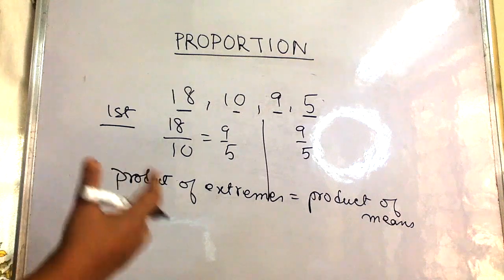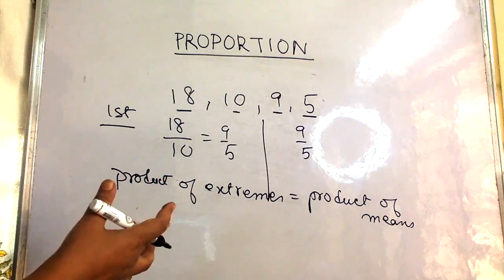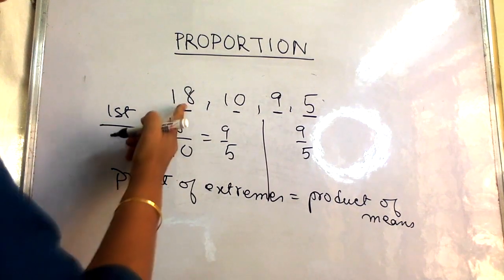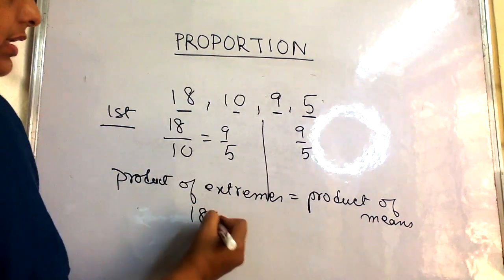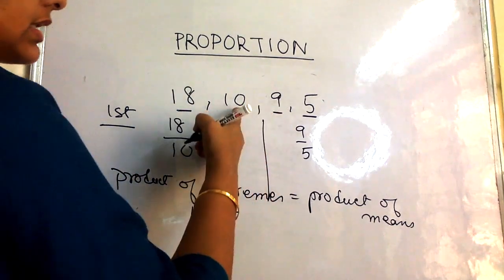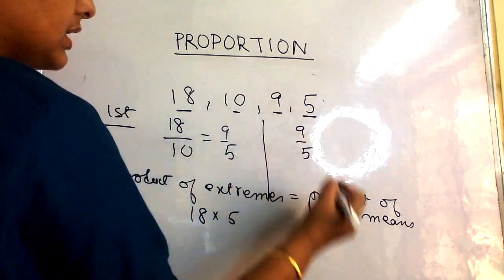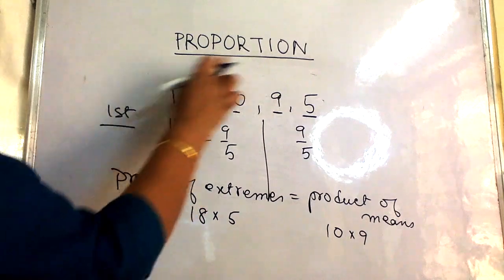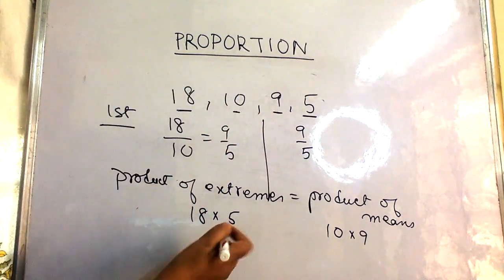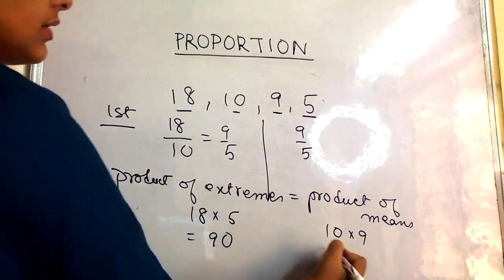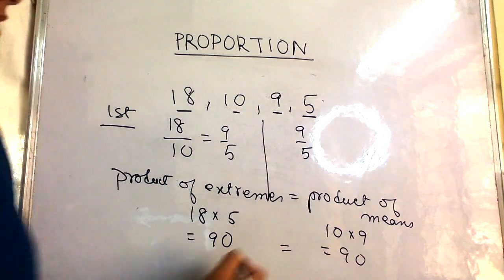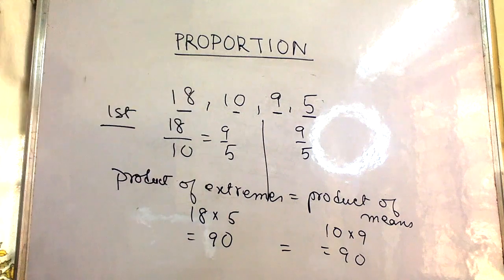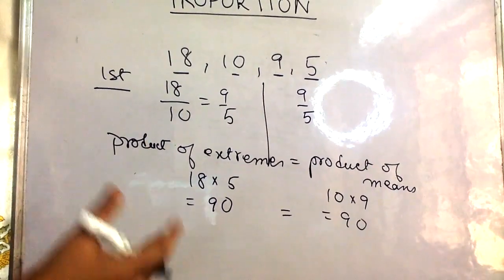Product of extremes is 18 into 5. Product of means is 10 into 9, as the middle two values go under means. Both of them are giving me 90. Hence the four numbers are in proportion.